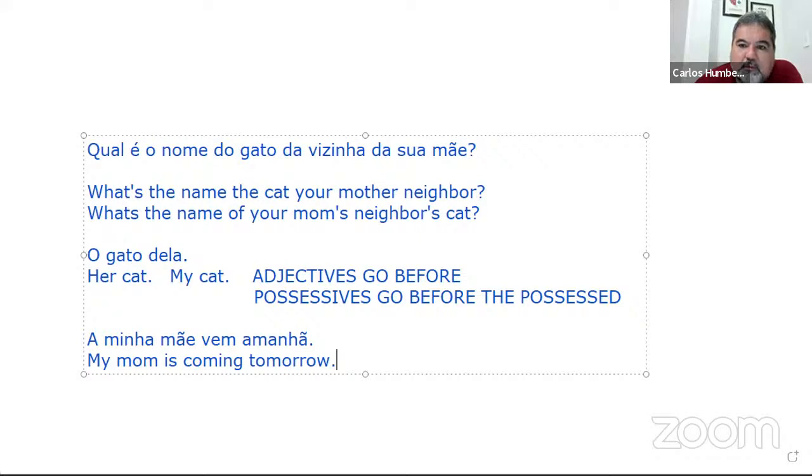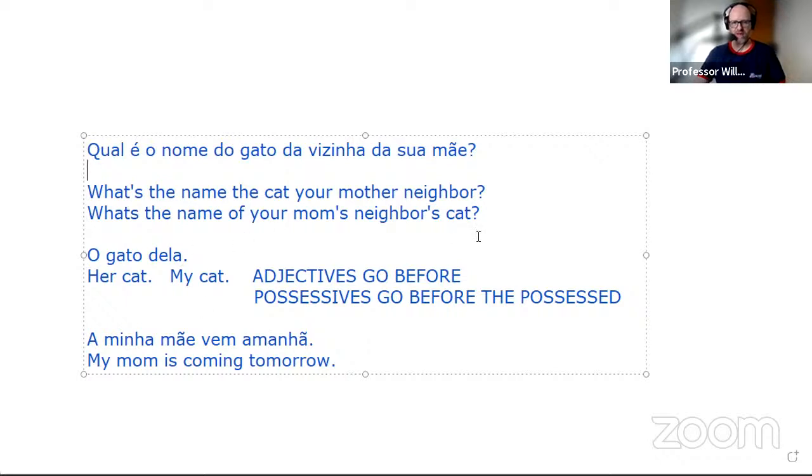So, quando nós temos possessivo, ou adjetivo possessivo ou nome possessivo, nós vamos tirar o artigo. Okay? So, da sua mãe, por exemplo, não é da sua mãe, é de sua mãe, é possessivo, não vai ter o artigo. Do gato, não vai ter o. Quando tem qualquer possessivo, nós tiramos the.